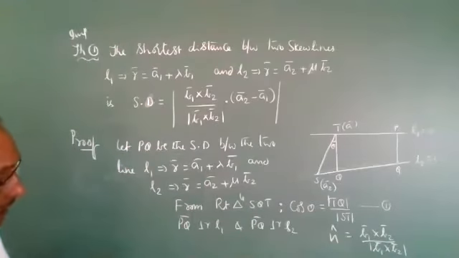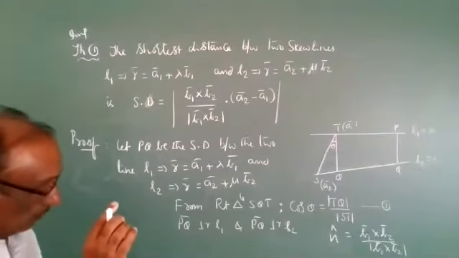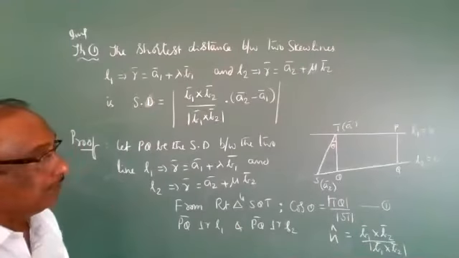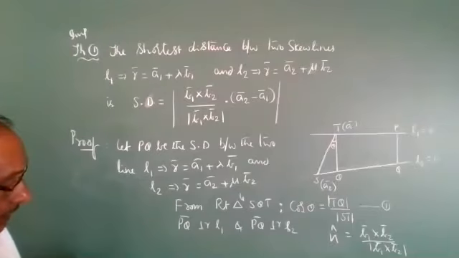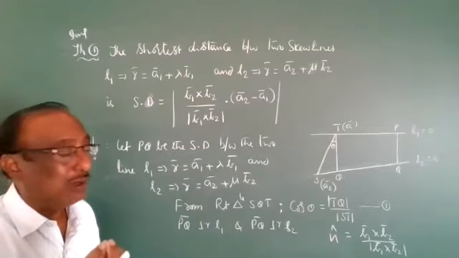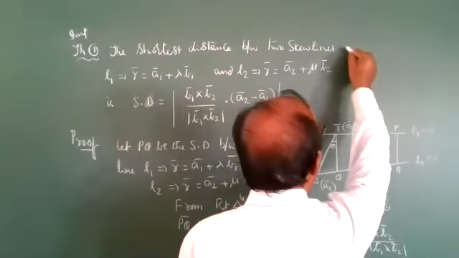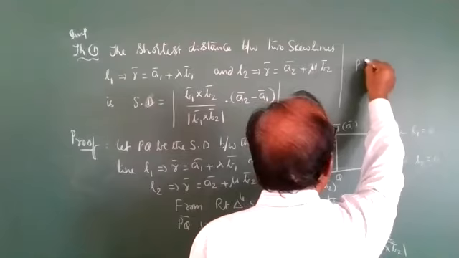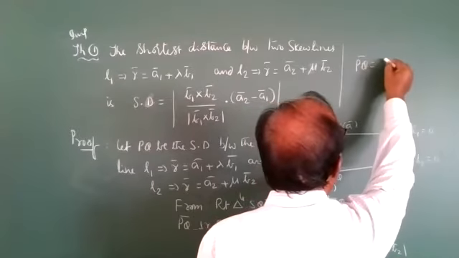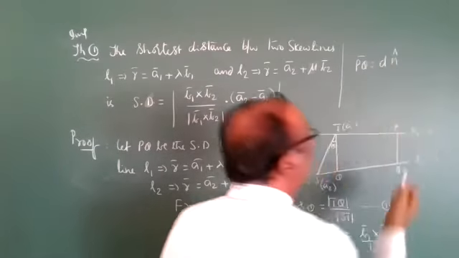So next, what they are going to give is PQ and TQ are both parallel. Parallel means they differ in only some constant. Therefore, PQ bar is equal to some constant into a unit vector.